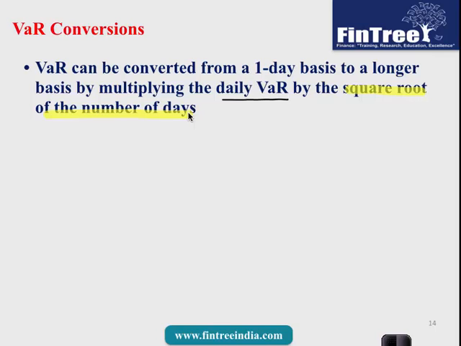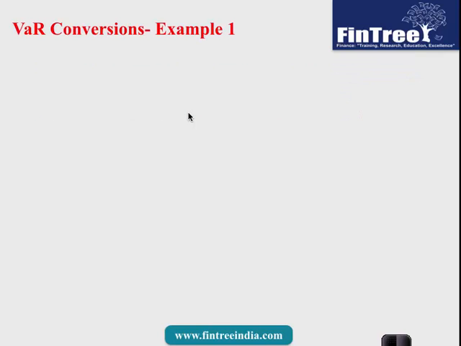If you want to convert that to a month, you would multiply with under root 20 or 22, number of working days in a month. If you are converting to a year, you would multiply with under root 250. Just multiply with the under root value of equivalent to convert, and you would get the monthly or annual VaR. So we'll do a few examples.